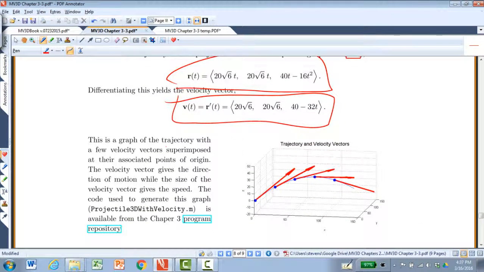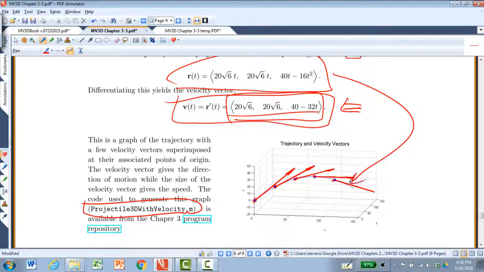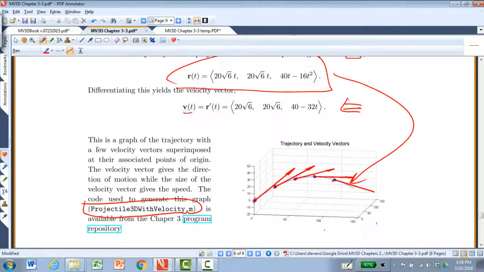And so it's worth pointing out that I take this velocity function and I plot the vector, originating from various points on the position curve. Right? So the position is determined by r, that's this blue curve down here. And then I plot a few velocity vectors along the way and position them to start at locations on the curve.